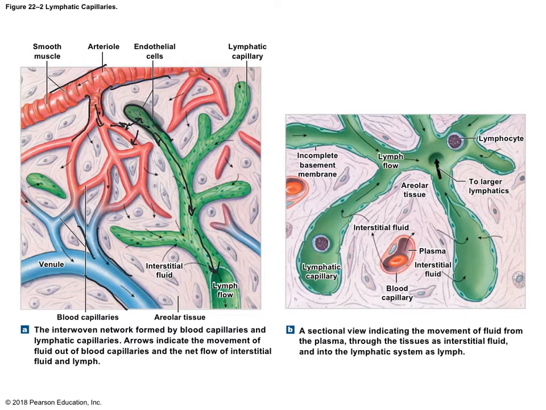We see a picture over here. This is the lymphatic capillary, the very end of the lymphatic vessel. Fluid in the interstitial space will flow into the lymphatic vessel, and once it's in the lymphatic vessels, it's called lymph. The lymph then will flow into larger vessels and back to the heart.